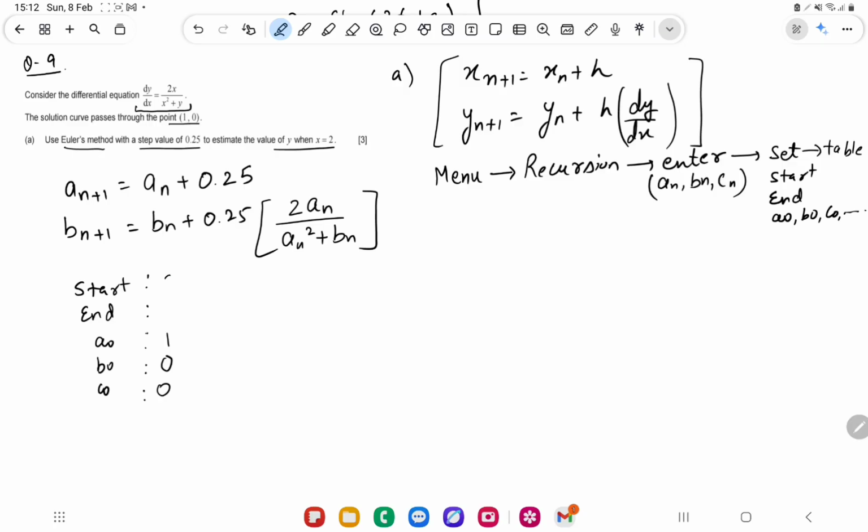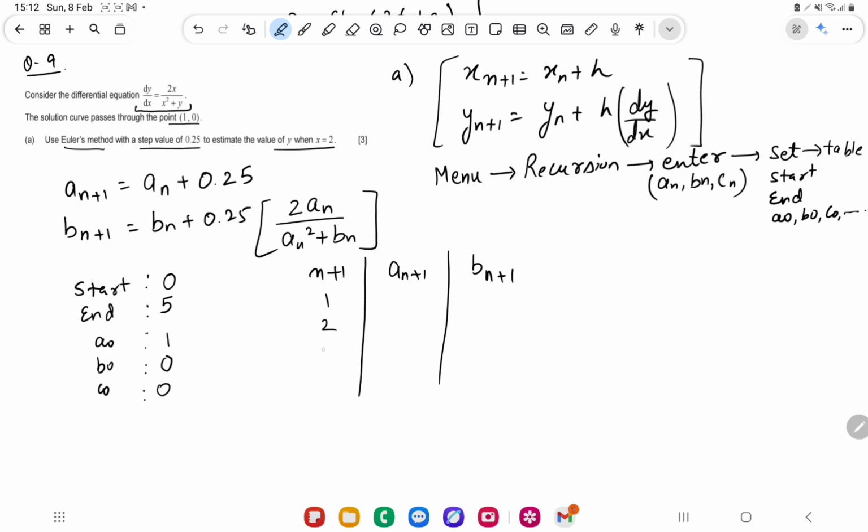So we will take the start point as 0, and to put the end value, we will write 5 as our end value. Now when you press table, you will have a table like n plus 1, then an plus 1, and at the end bn plus 1.